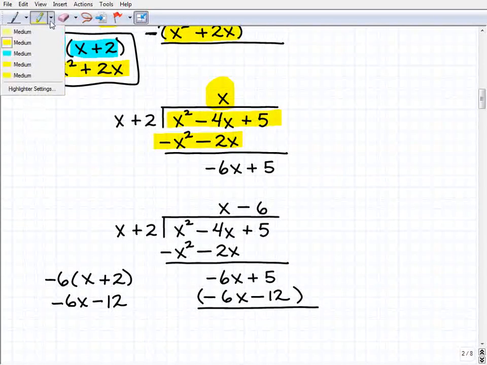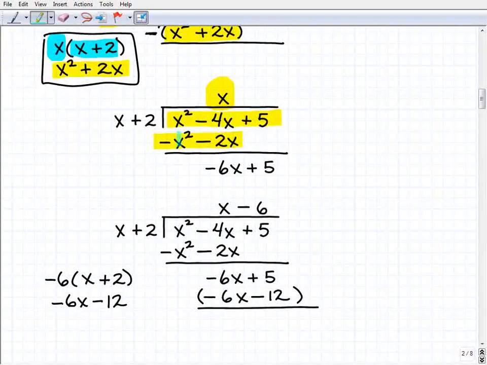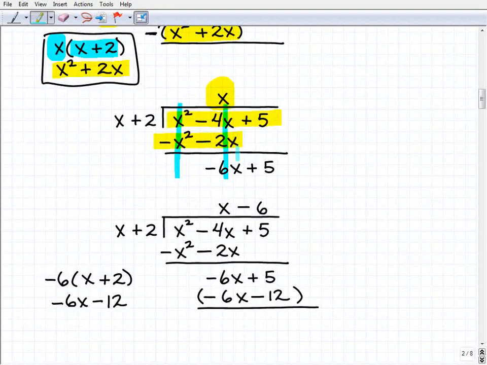After we distribute our negative sign, we're going to add down in column form. So x squared plus a negative x squared is 0. Negative 4x plus a negative 2x is a negative 6x. And then 5 plus nothing is a positive 5. So that's where we're at right now.